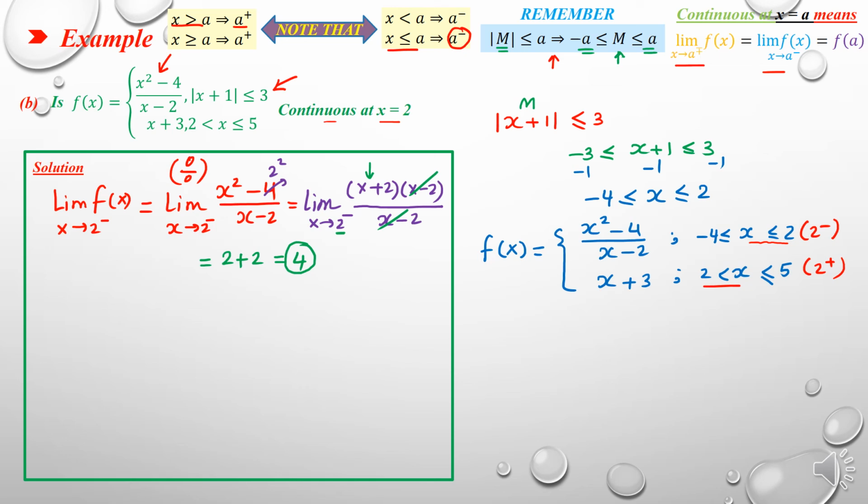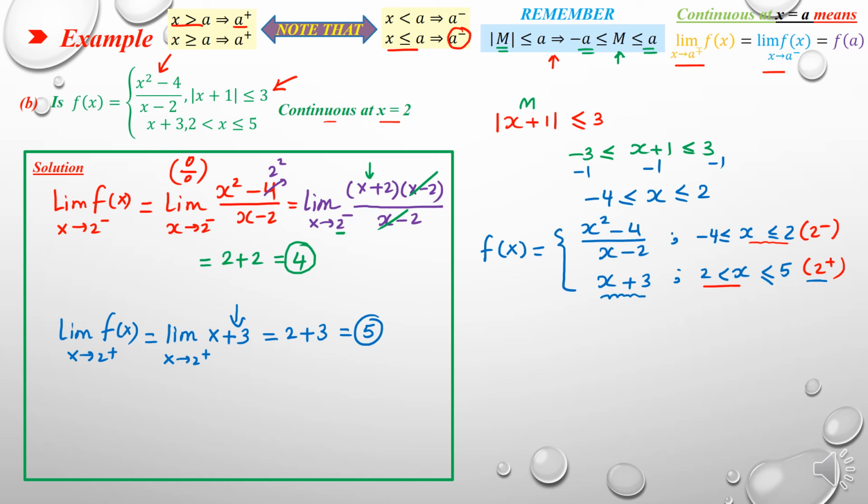Then you have to find limit f of x when x goes to 2 from right. So you have to use this function, and this will be limit of x plus 3 when x goes to 2 from right. Plug in 2 in the inside function, you will get 2 plus 3, which is 5.